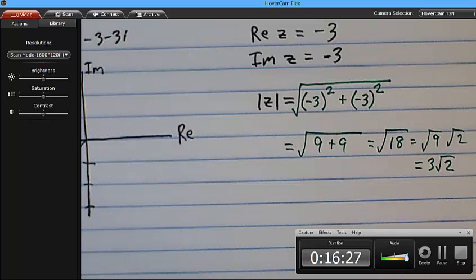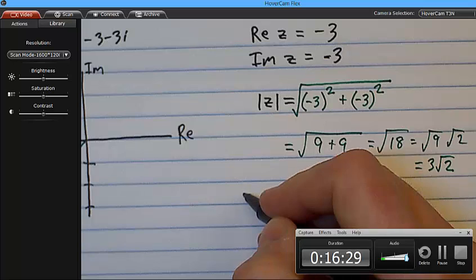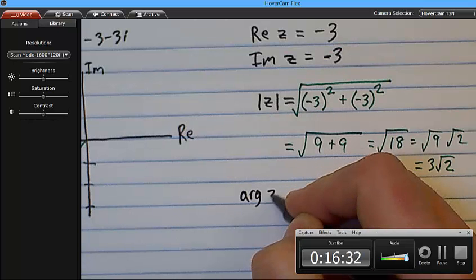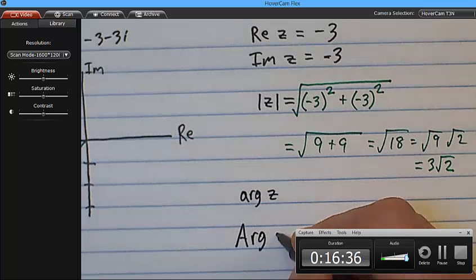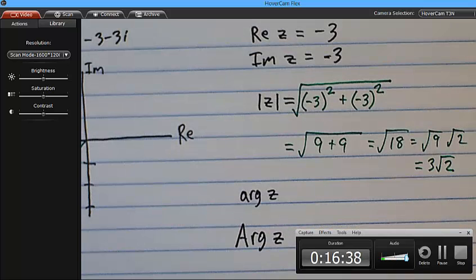Okay? And so now the next thing they ask me for, they say arg z, but then they say capital Arg z. All right? The argument. What the argument is the angle. It's the angle in my picture. It's taking the place of theta, right?